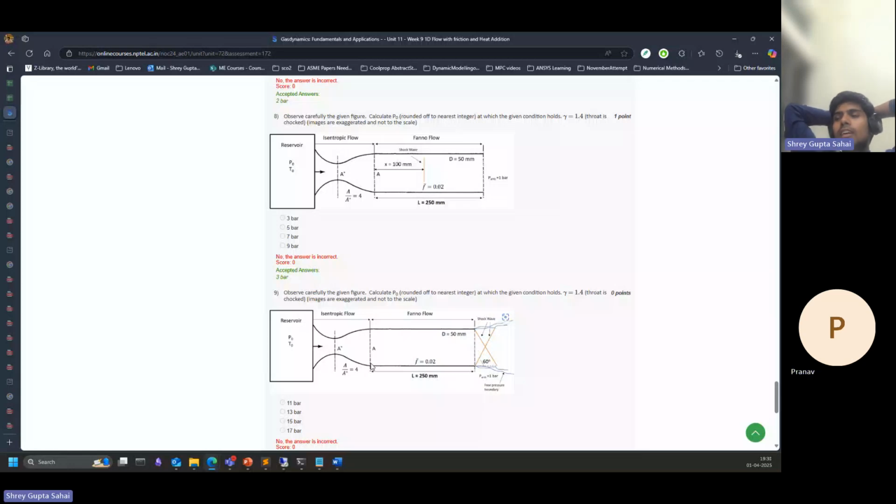Yes, even if you're getting a second oblique shock, the second time the flow gets deflected by 10 degrees or 9 degrees, and then you get another shock. Something is wrong, man. Something seems wrong.